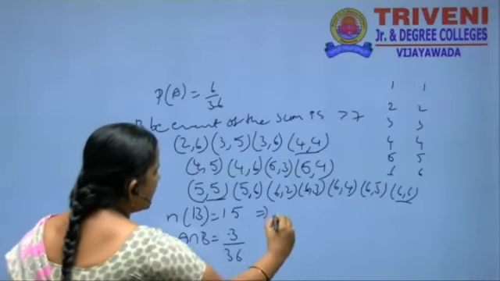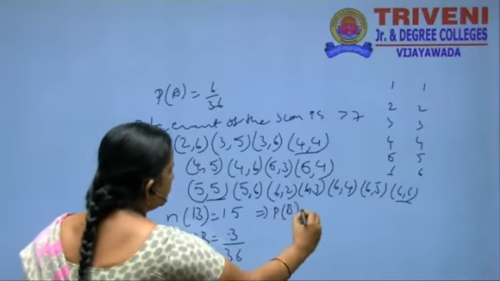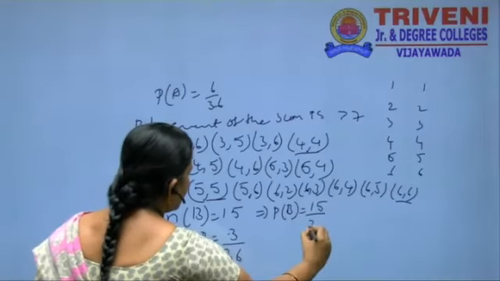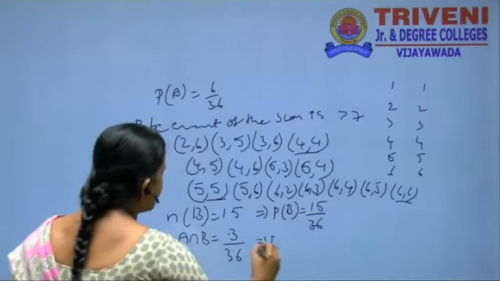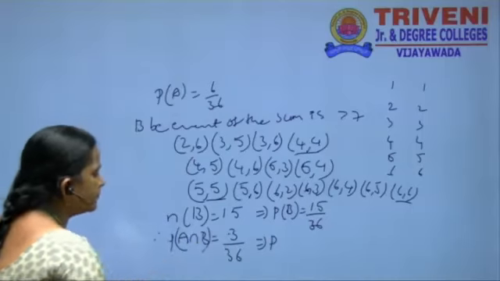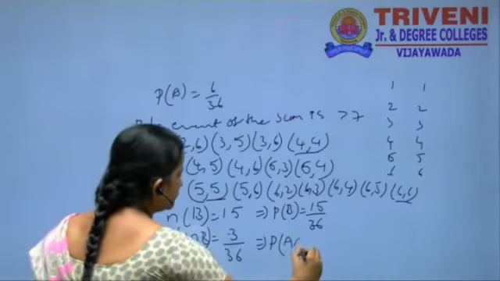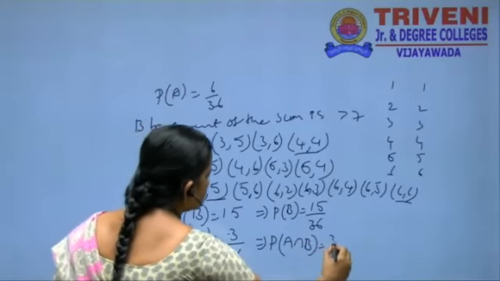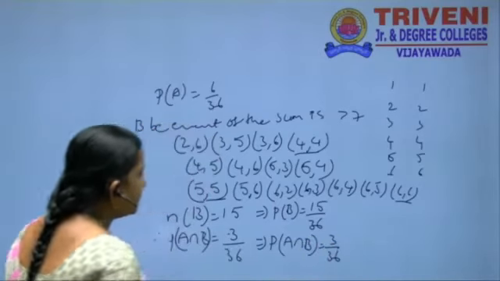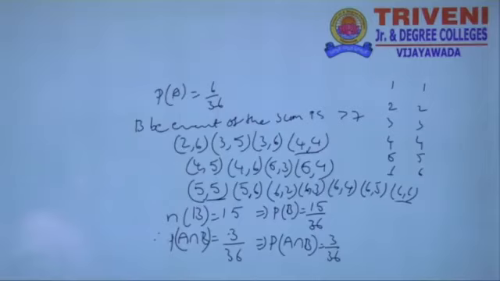P of B is equal to 15 by 36, and P of A intersection B is also 3 by 36. Then you have to find the value of P of A by B and P of B by A.